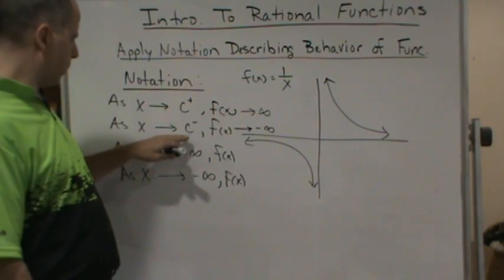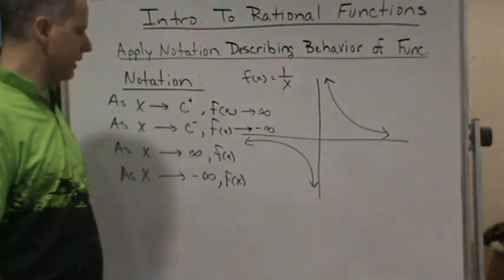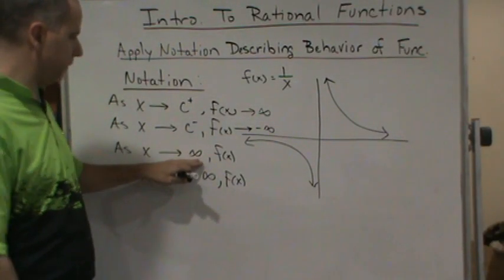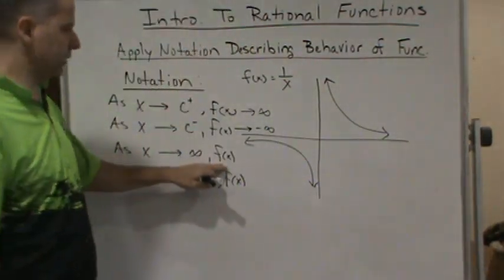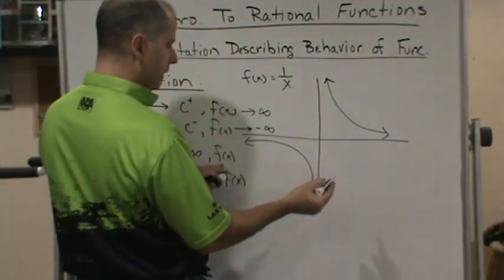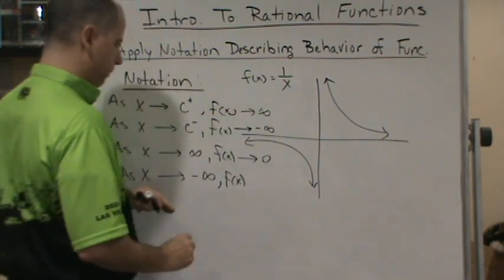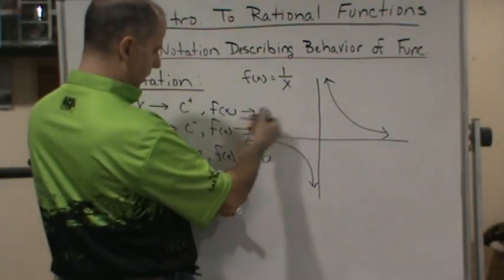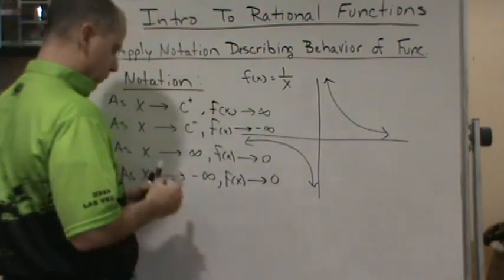As x approaches 0 from the left, f of x is approaching negative infinity. As x approaches positive infinity, so now we're going out to positive infinity, f of x is approaching the horizontal asymptote of 0. So f of x is approaching 0. As x approaches negative infinity, f of x is also approaching 0.